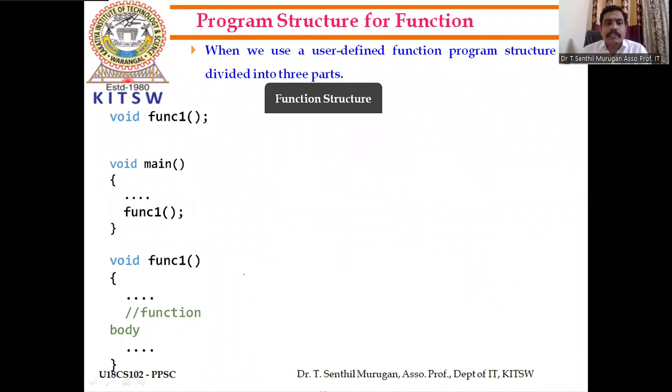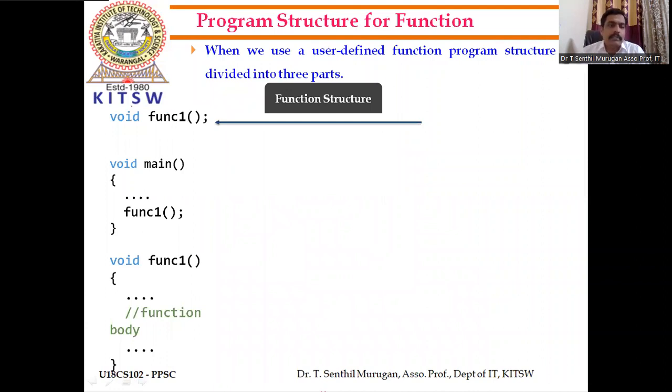So mainly the function structure is split into three parts. Whenever we are writing a user defined function, we must remember three parts. What are the parts? The first one is function declaration.